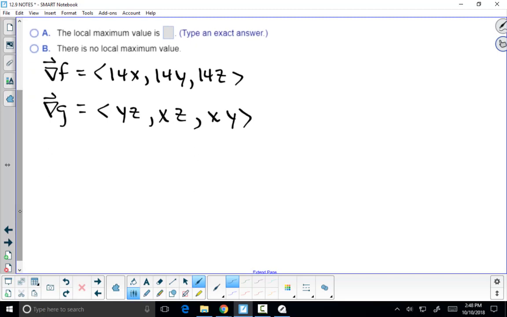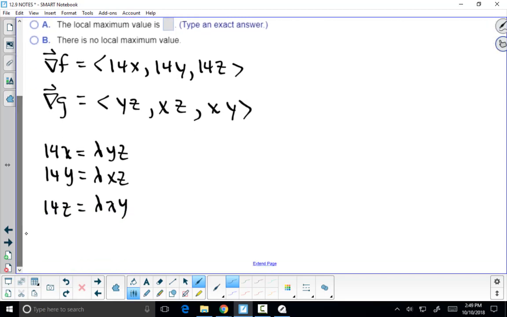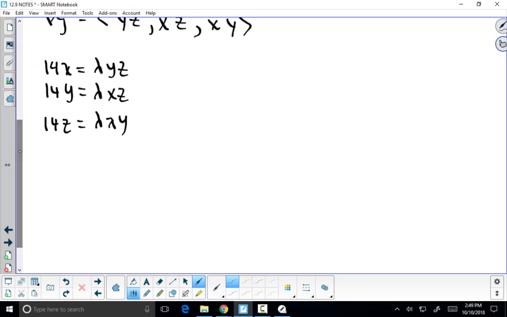So our setup will be something like 14x equals lambda yz, 14y equals lambda xz, 14z equals lambda xy, and then our constraint was xyz being 5. xyz is 5. All right, 4 equations, 4 unknowns.